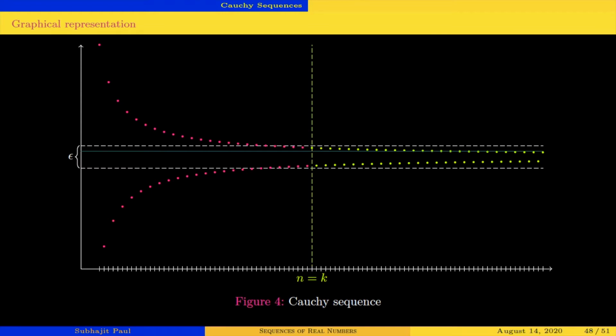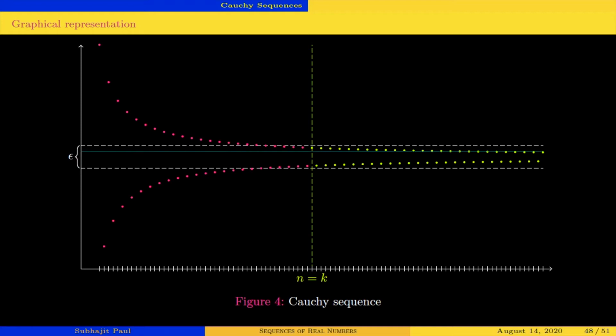It only talks about the convergence. In case of sequences of real numbers, Cauchy sequence guarantees the convergence of real sequences. In case of other numbers, like rational numbers, this does not guarantee convergence.